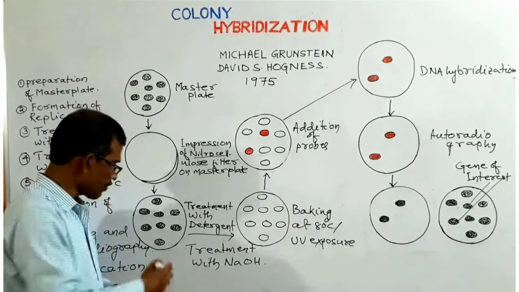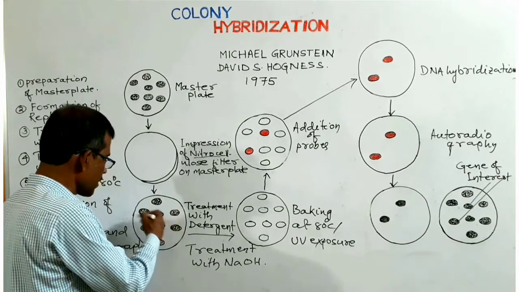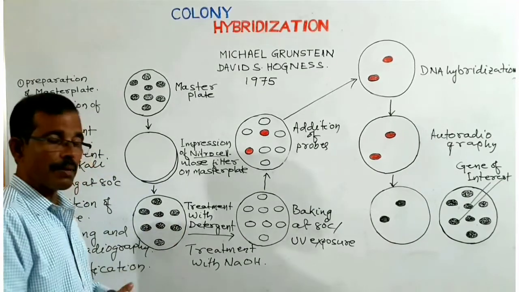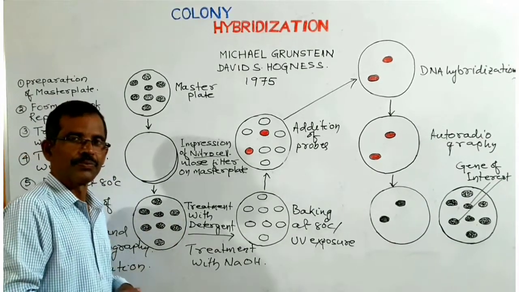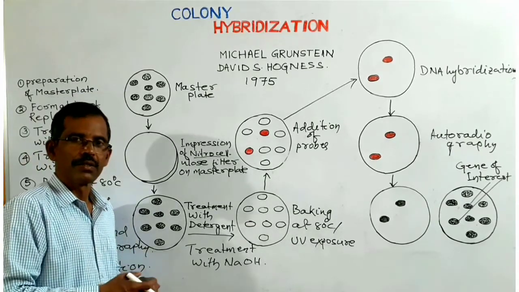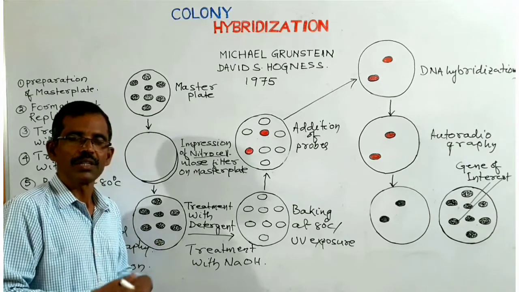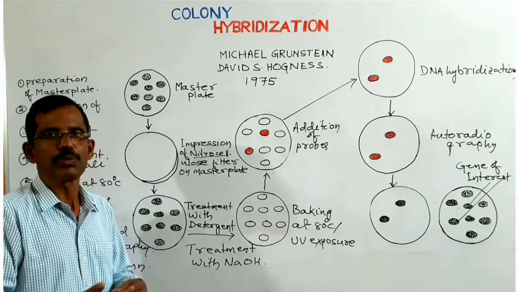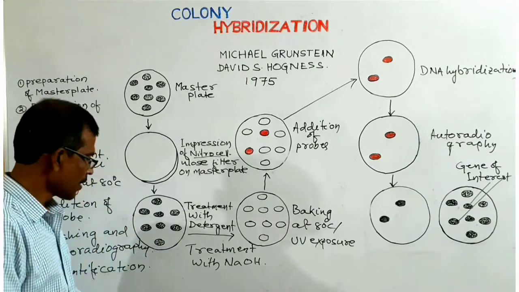After lysis of the bacterial cells present in the colony, the next step is to treat the lysed colonies with a suitable alkali, for example sodium hydroxide.